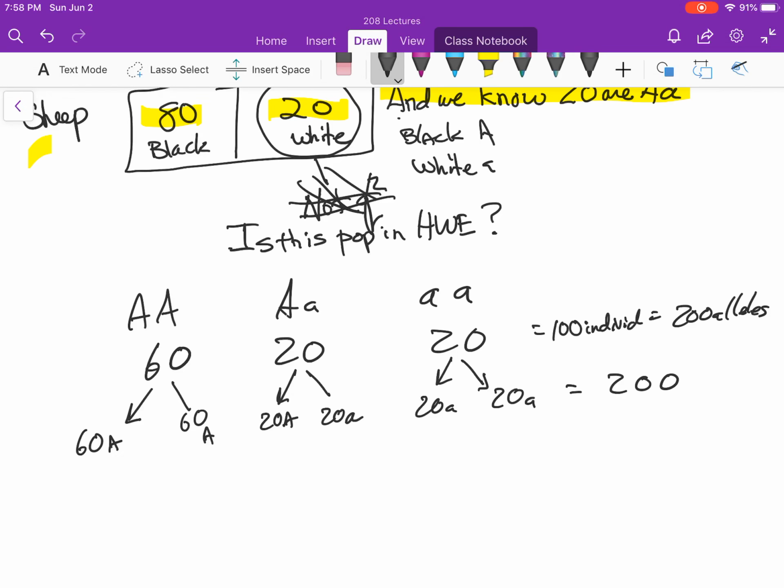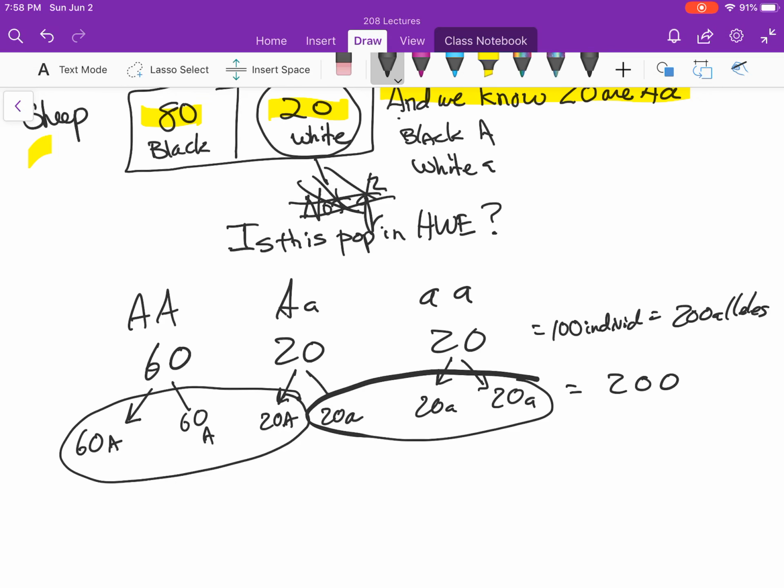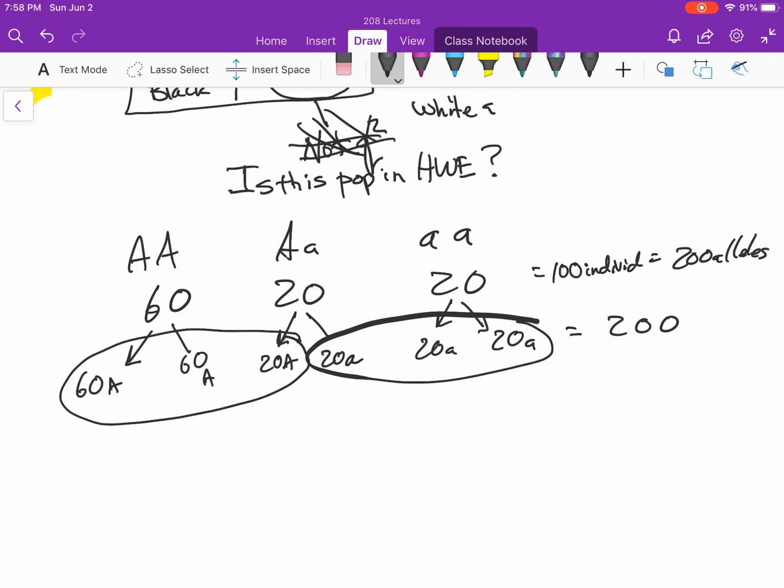So if we count the big A's, we see this many, and we count the little a's, we see that many. So now it looks pretty easy: 60 plus 20 is 80, 100, 120, 140.